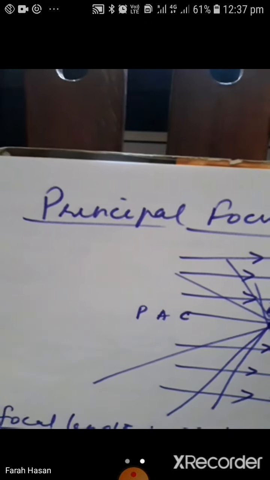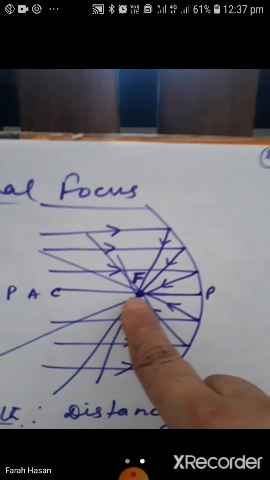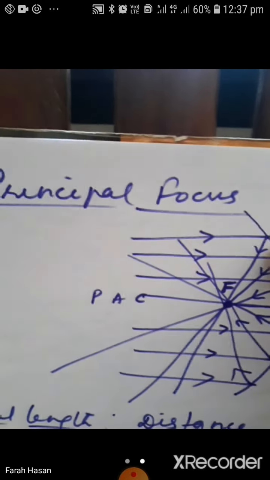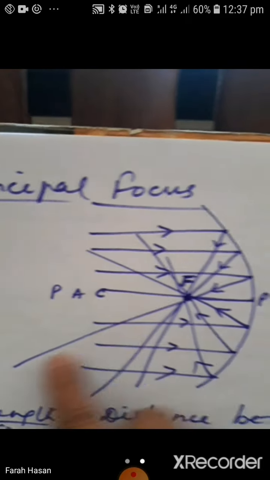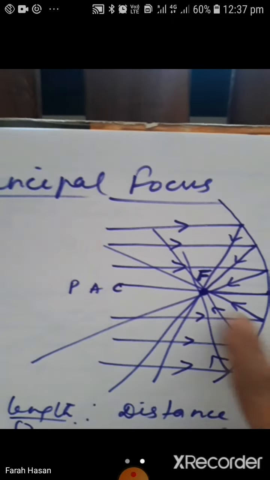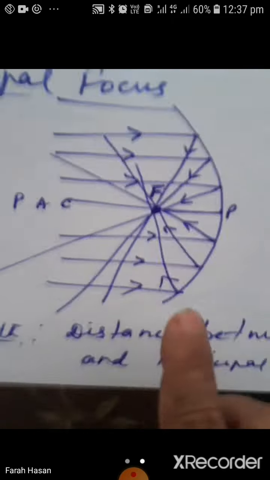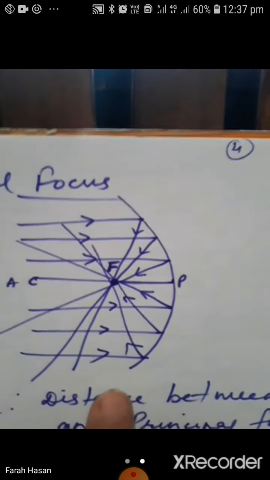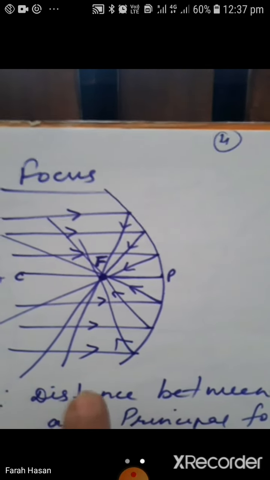When they are reflected, they will pass through a point F on the principal axis, or very near to F. See, all these rays are parallel to the principal axis. After being reflected back, they are passing through the point F. Similarly, you can see over here, these rays are passing through the point F. So this point is where all the reflected rays pass through. So this is known as the principal focus.